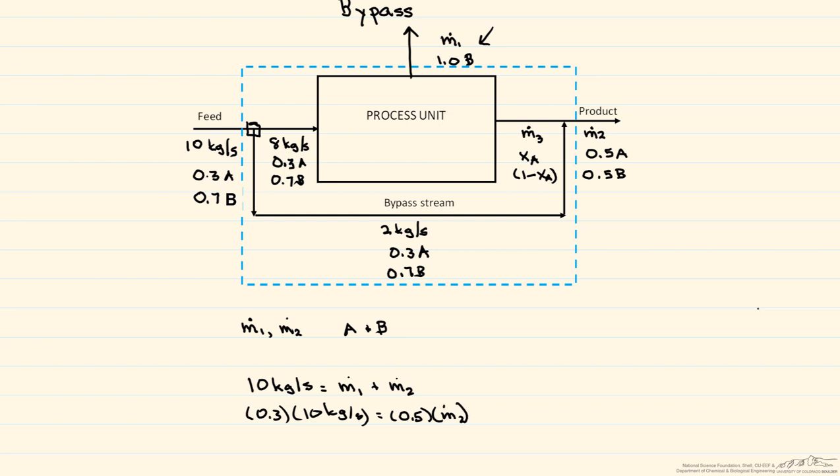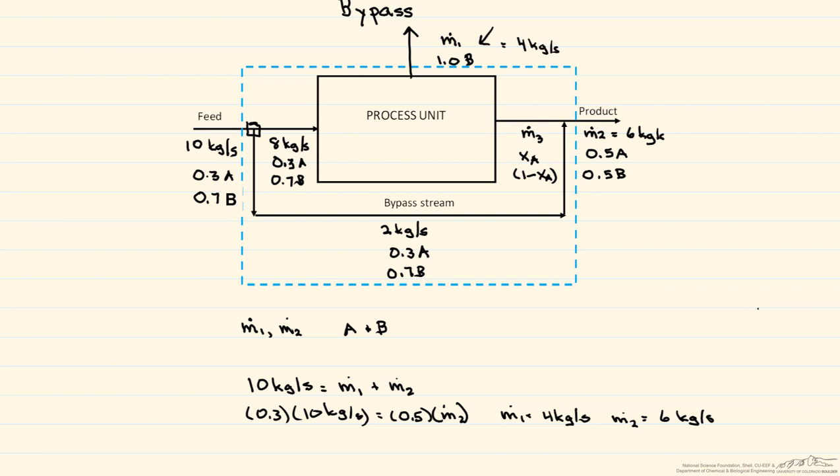And from those two equations, we find that our M1 is equal to 4 kilograms per second, and our M2 is therefore equal to 6 kilograms per second. So now that we have those, let's put them in here. So this is 6 kilograms per second, and this is 4 kilograms per second.